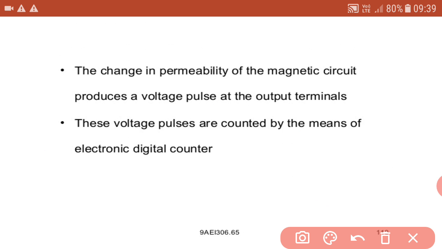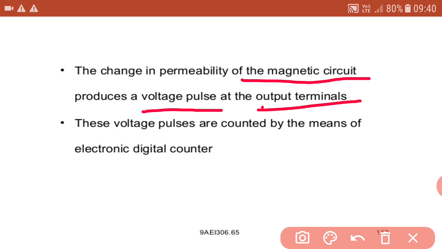The change in the permeability of the magnetic circuit produces a voltage pulse at the output terminals. Whenever the permanent magnet passes the pole, the permeability of the magnetic circuit is changed, and due to this there is a voltage pulse at the output terminals.